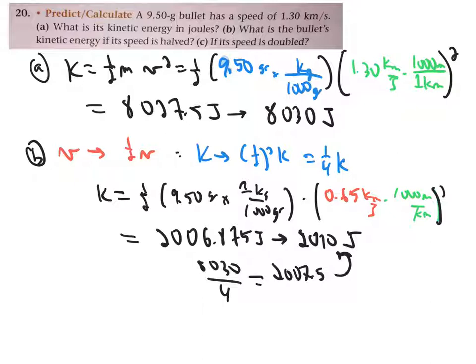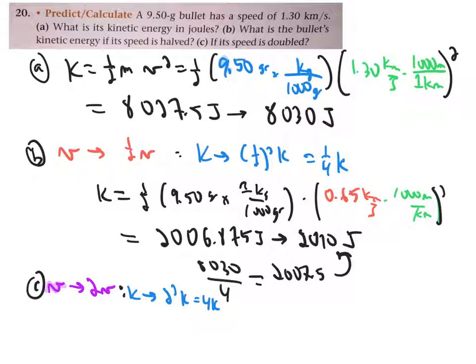And exactly the same sort of thinking is going to give us part C. We're going to say that if we change the velocity and make it twice as large, that has the same impact as making the kinetic energy twice squared as large, or 4 times as large.